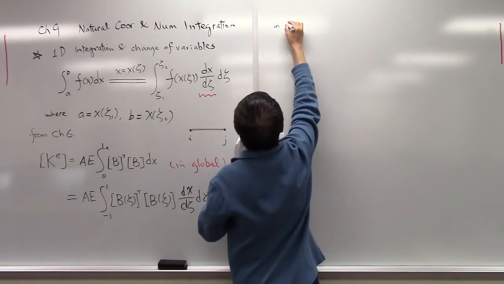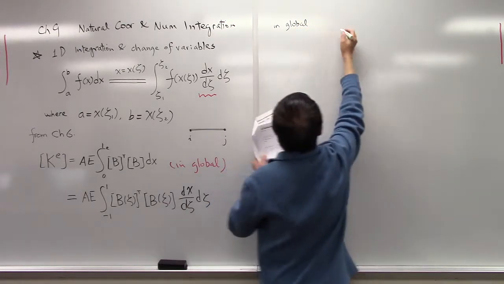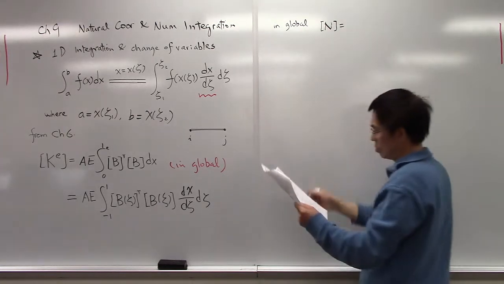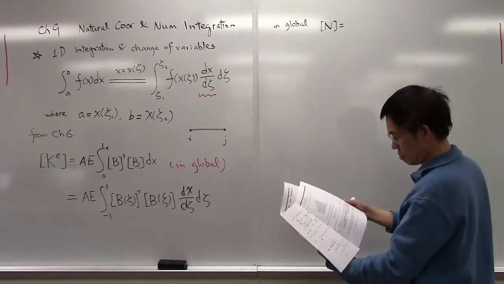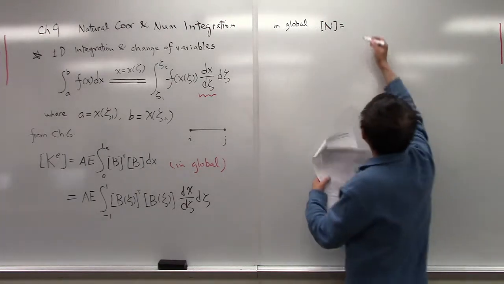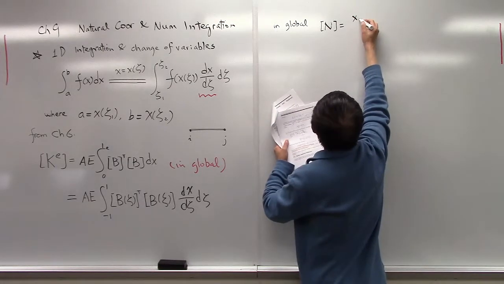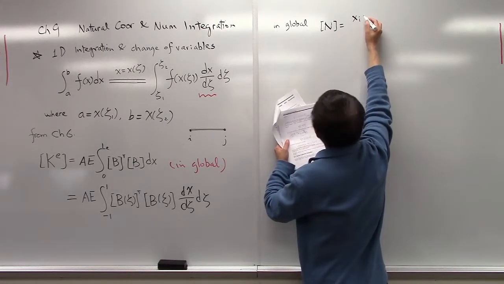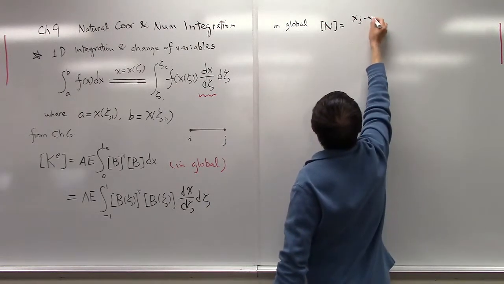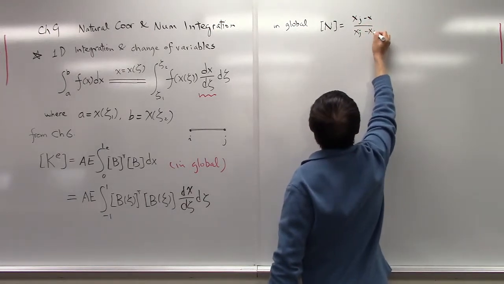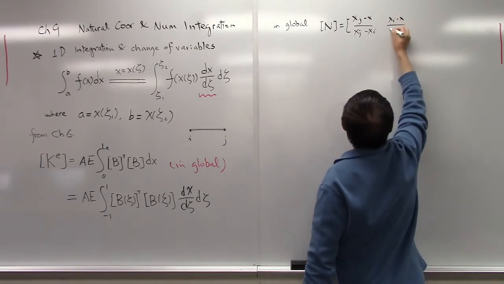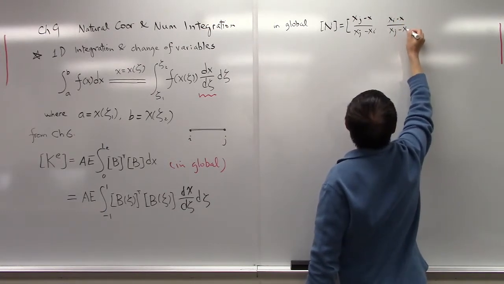In global, this N shape function is equal to, I think it's xj minus xi, xj minus xi. So this is the first one. And then we have xi minus x over xj minus xi.